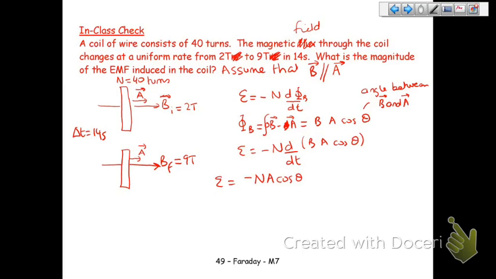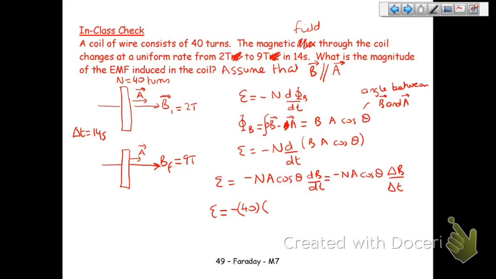It's only my B that's changing. Equals minus N A cosine theta delta B by delta T. And I don't need to write the whole thing out. You can do this. Minus N, which is minus 40.